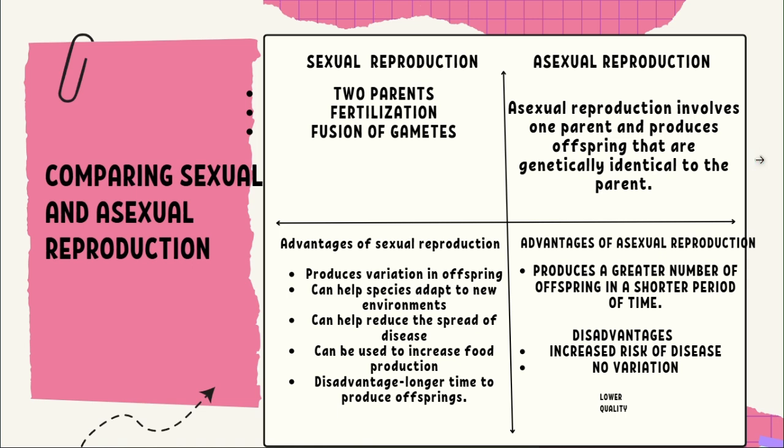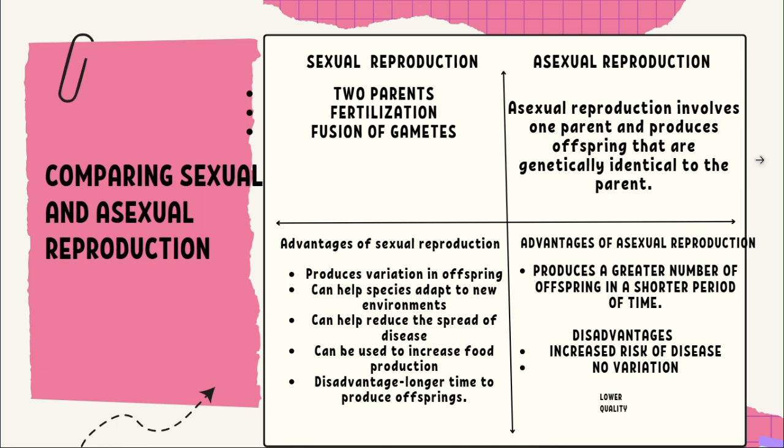Okay, so let us compare them more in depth. You have sexual reproduction and asexual reproduction, and what we want to see are both the advantages and the disadvantages of each type. In sexual reproduction, we said before that it involves two parents, fusion of gametes, fertilization.